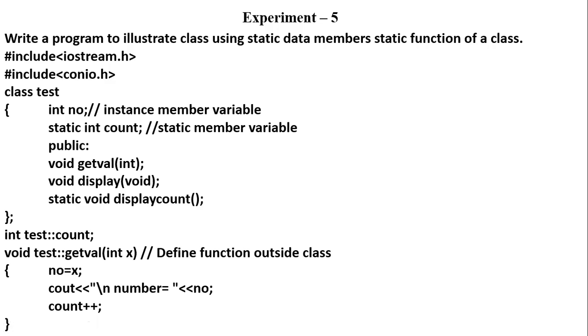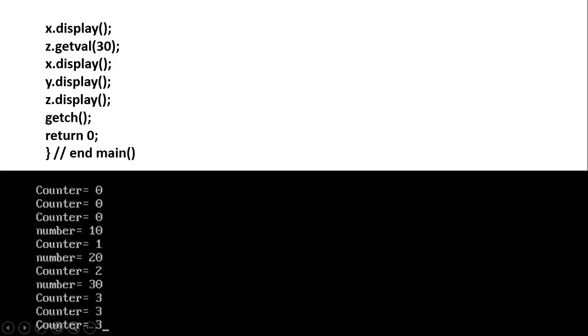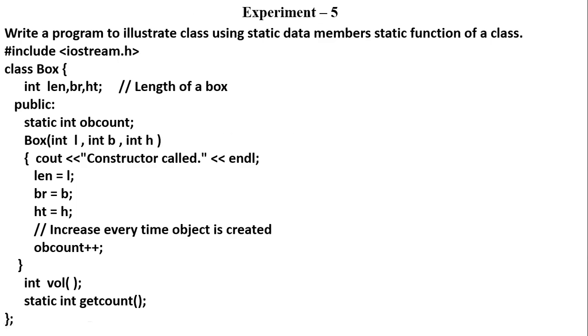Before we saw 0, 0, 0, now you can see 1. After that I call y display, meaning we increased the value of count with the help of x, but if you call y display, it will be reflected in y also, and it will show count as 1.